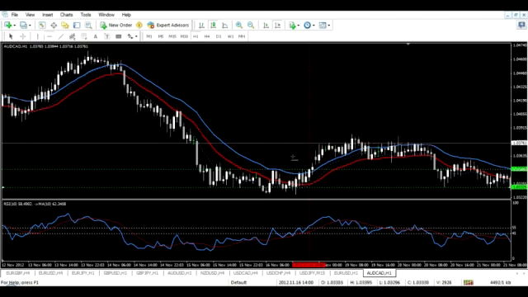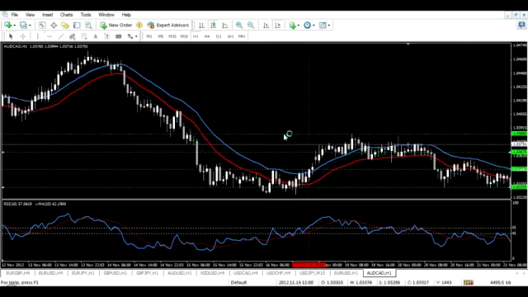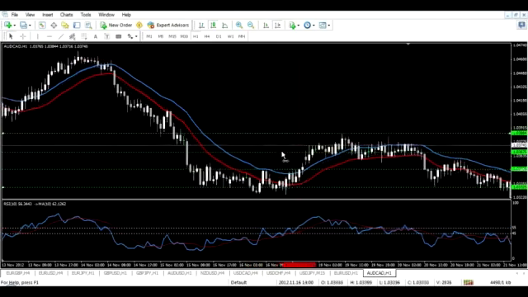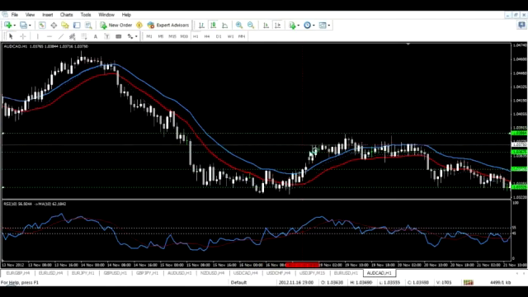So the way I do the 2-to-1 is we will have a 1-to-1 and a 2-to-1 level on the chart. When price hits the 1-to-1, I like to move my stop loss to break even.